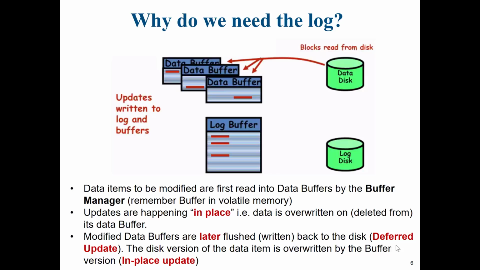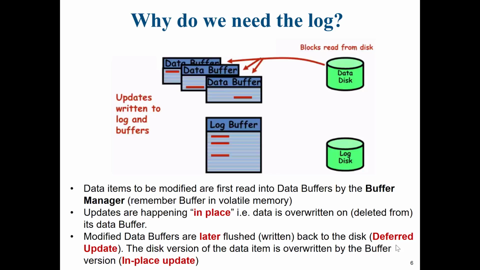Now, any operation you are trying to do, either reading or writing, the data that you want to read or write must come from disk to the data buffers. And then any changes are done in place. This is a very important word here. When a block changes, we don't say, okay, let's keep the old block and create a copy and do the changes in the copy. If we change our mind, we throw away the copy.